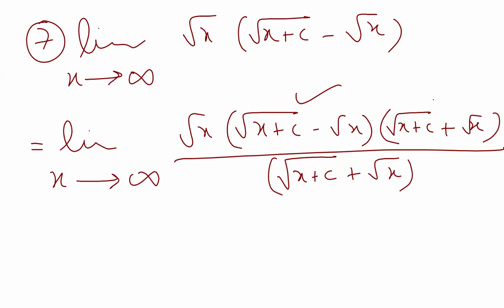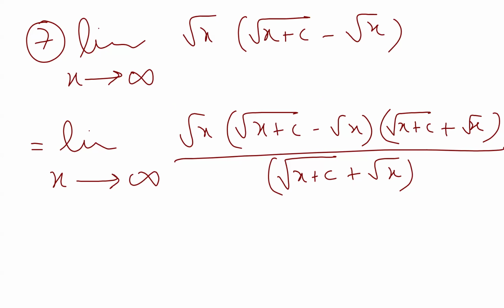All of this is multiplied and divided. Root x will remain as it is. We only rationalize terms like root minus root, value minus root, value plus root. A single term we don't rationalize.